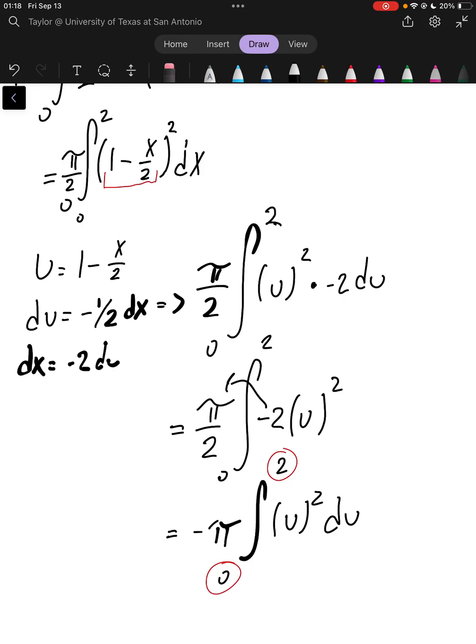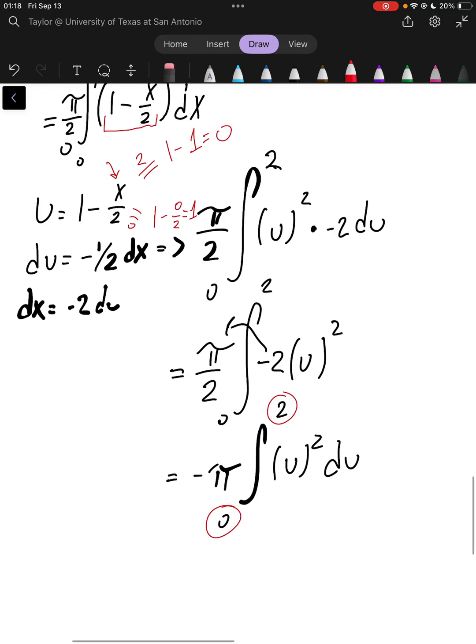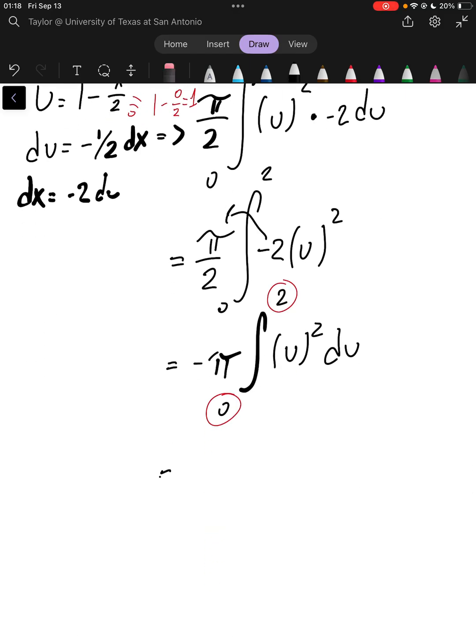So I'm going to substitute x, both 0 and 2, into here. So 1 minus 2 over 2 is 0, and 1 minus 0 over 2 is 1. Okay? So rewriting that with our new bounds gives us the integral from 1 to 0 of u squared du.